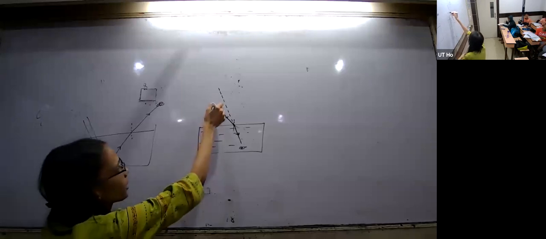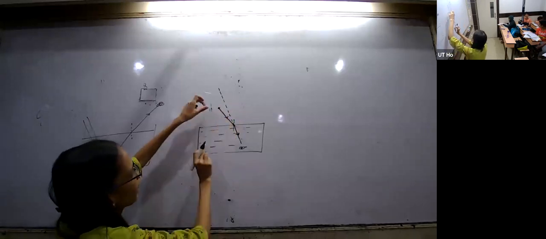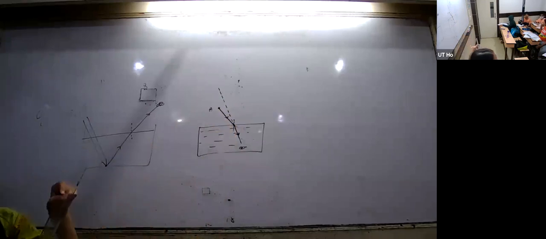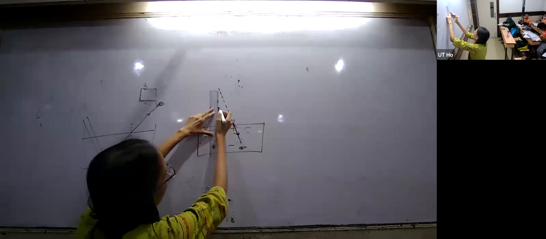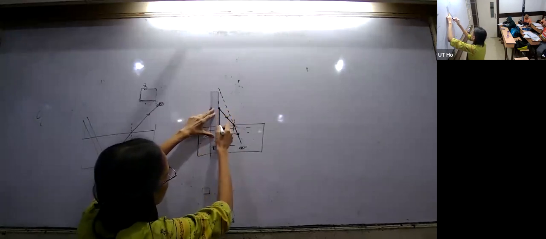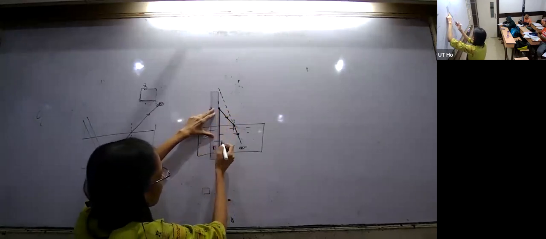But what is the problem? I need another ray for the location of the image. We need two rays. So one ray is hitting like this. And the ray you used for apparent depth and real depth, how did you use it? Normally. It is hitting normally to the surface. Then it will go again.